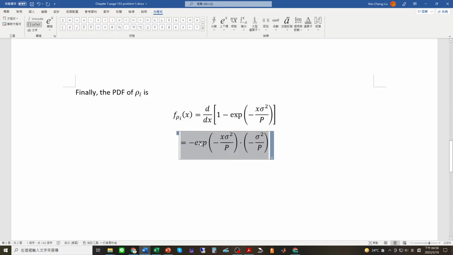So it is equal to minus exponential of minus x sigma squared over p, and according to the chain rule, times minus sigma squared over p.